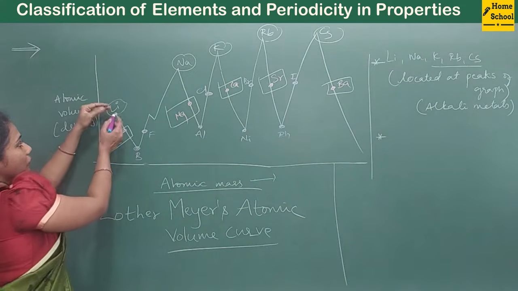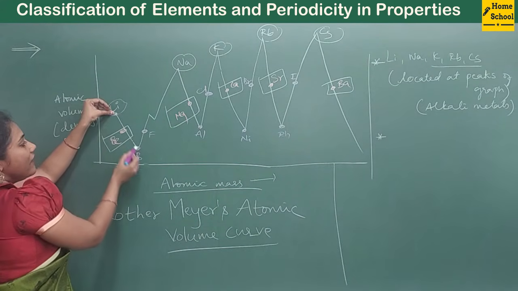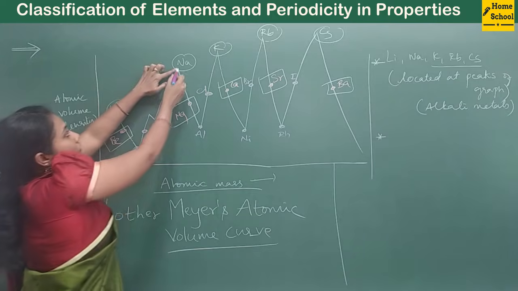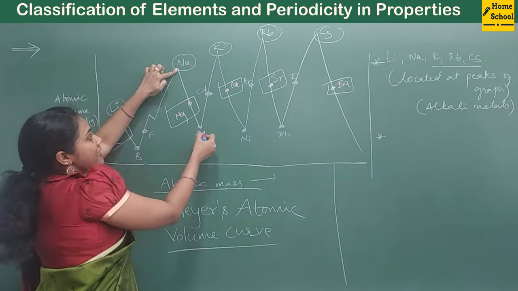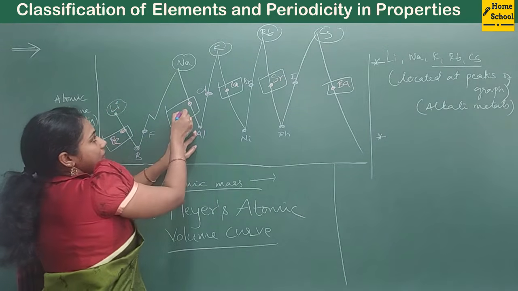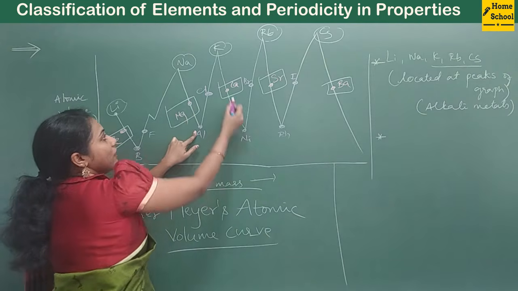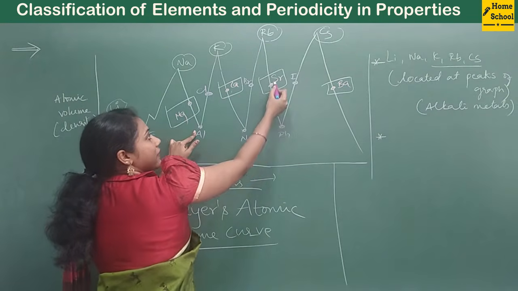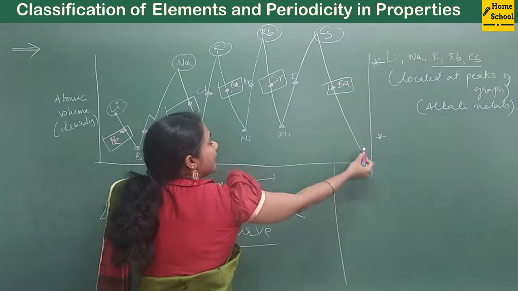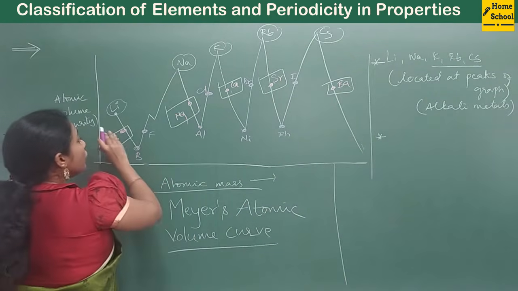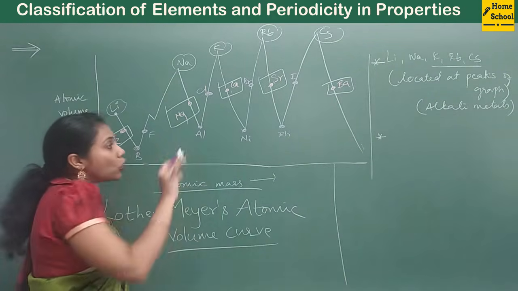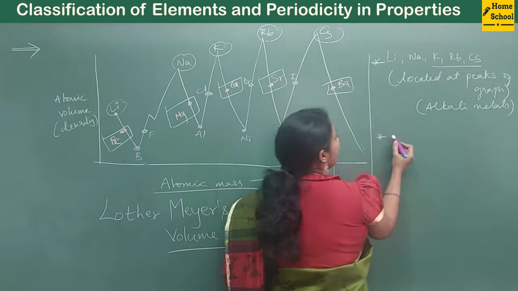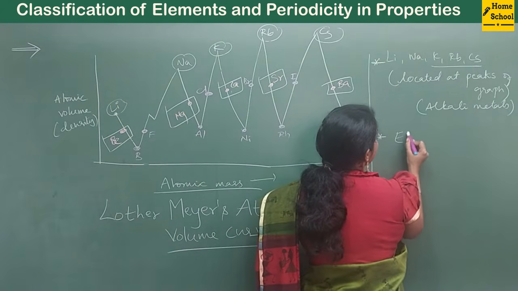From here the curve has gone like this, descending. This point and this point, you observe, descending position. Again magnesium, descending curve; calcium, descending line; strontium, descending line; barium, right?